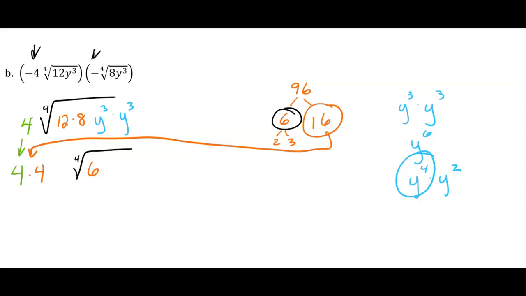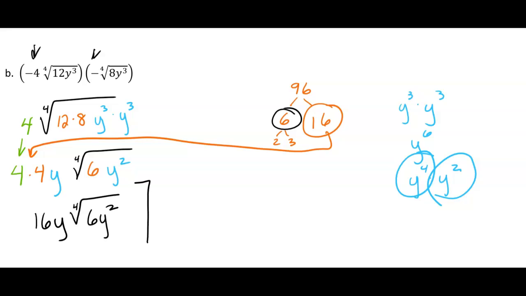This one I'm going to get out. So there's a y. And then these guys are going to stay in. That's the y squared. Okay, put it all together now. 16y times the 4th root of 6y squared. So you have to take it one piece at a time. Don't try to rush through it.